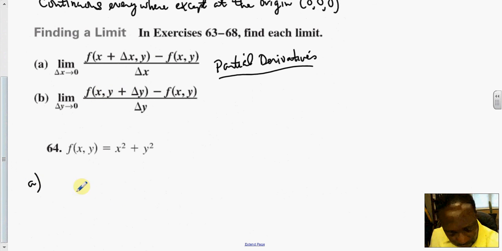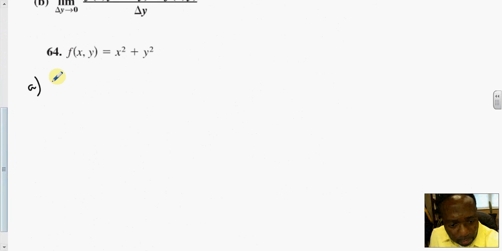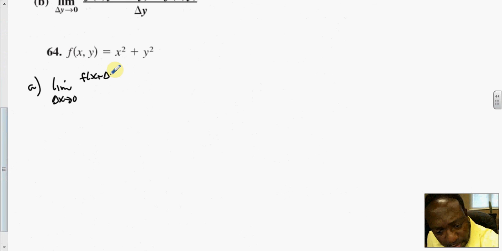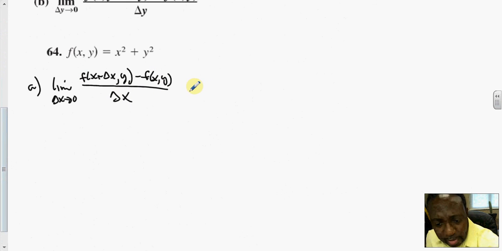So let's look at the first part. This is the limit as delta x goes to 0 of f of x plus delta x, y, minus f of x, y, all over delta x. Wherever you see x, you write x plus delta x, and y stays y.